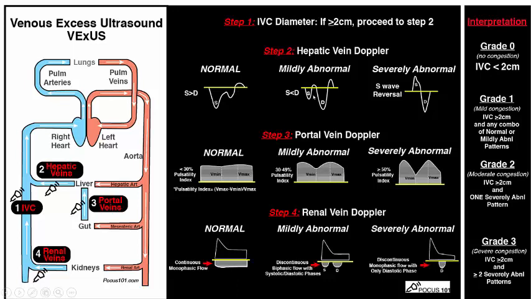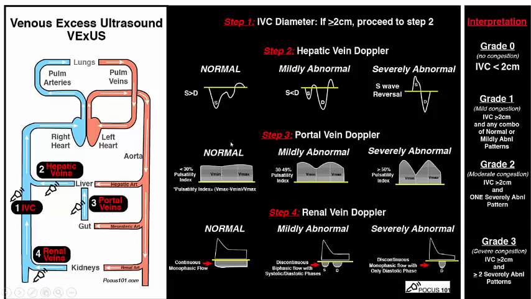If you see that the negative systolic wave is less than the diastolic wave, that means it is a mild abnormality, and in the venous excess score this will be mild abnormality. But if you see only one negative diastolic hepatic flow, only one negative wave and two positive waves, which are the atrial kick and systolic wave, that means it's a severe abnormality.